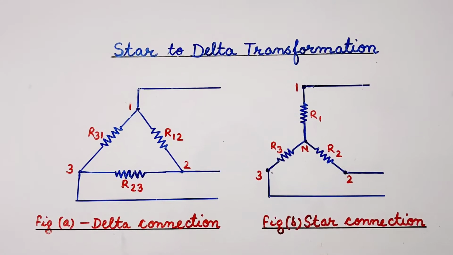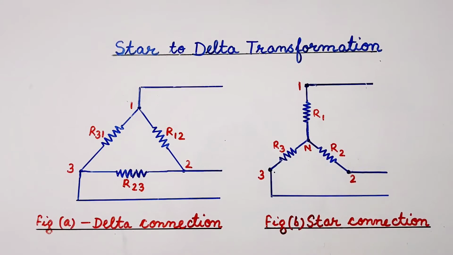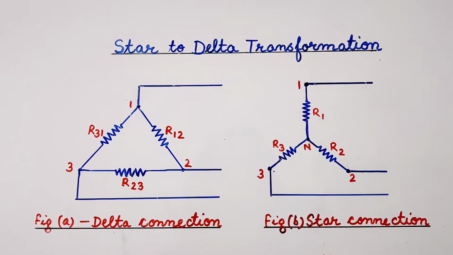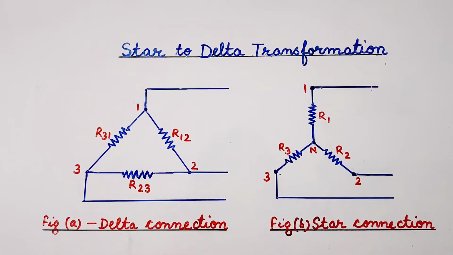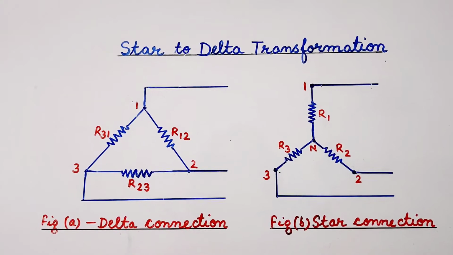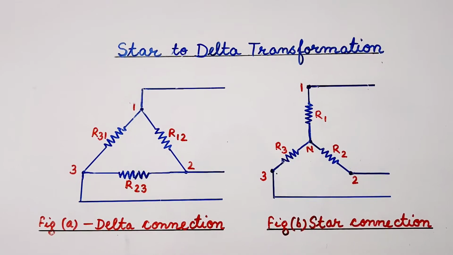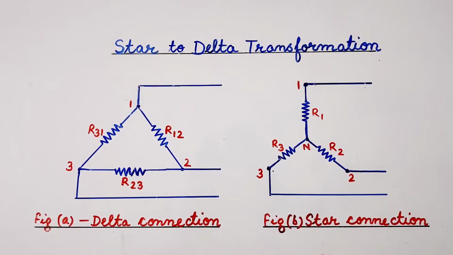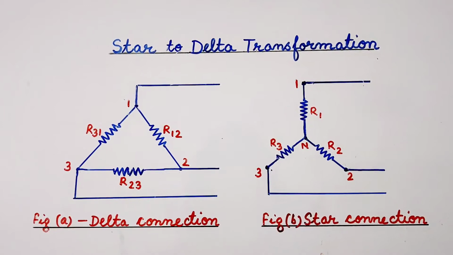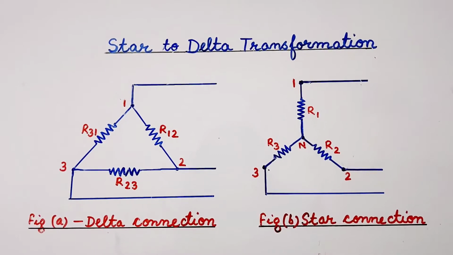However, such complicated networks can be easily simplified by successively converting the delta meshes to their star equivalent and vice versa. So in the previous lecture we discussed how to convert a given delta connection to star connection.